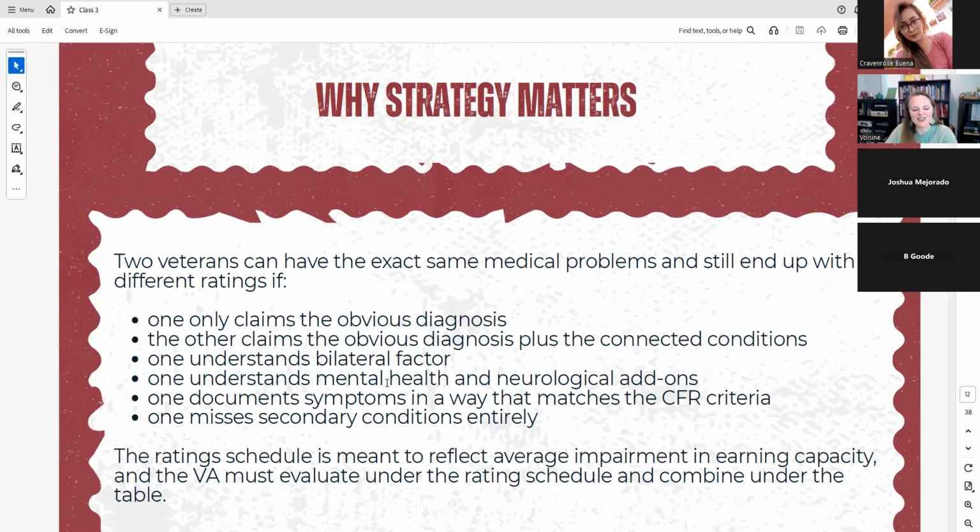And this is where a lot of veterans, I want to say, fail. They don't understand the CFR. And then one misses secondary conditions entirely. And this is why that one back diagnosis, let's say degenerative disc disease, might stay at 20%. But a second person can go, oh, well, I understand the domino effect, and we'll talk about that.